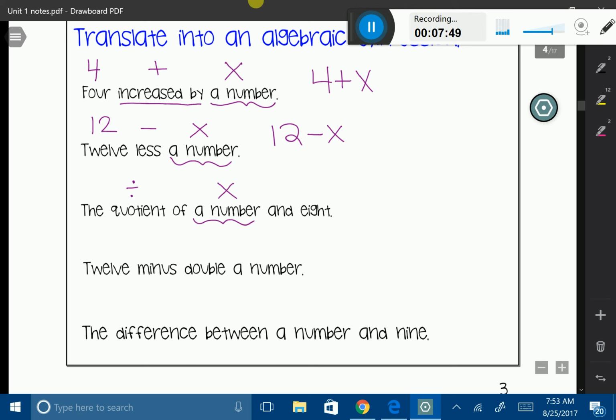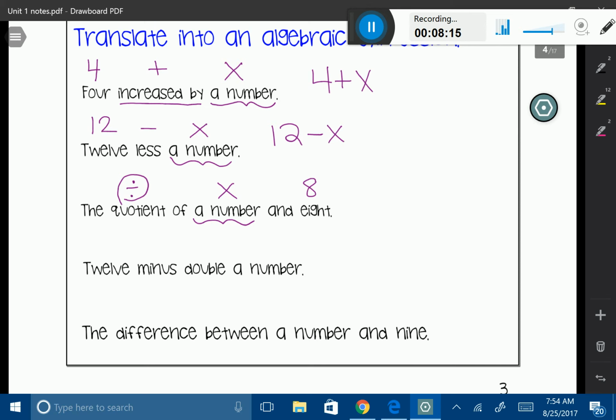Okay, so this is a very interesting one because up to this point, you probably used this symbol, divided by, that I'm circling here. You probably use this to represent your division. Well, as we move into more complex topics in algebra, we're going to start wanting to use the fraction bar instead of the division symbol.